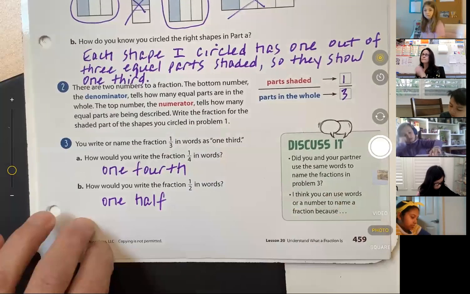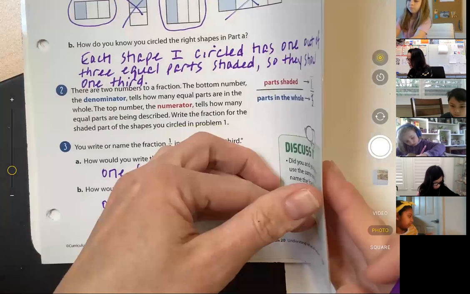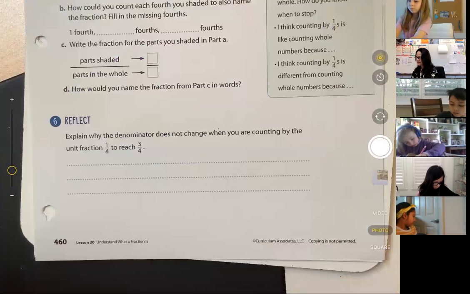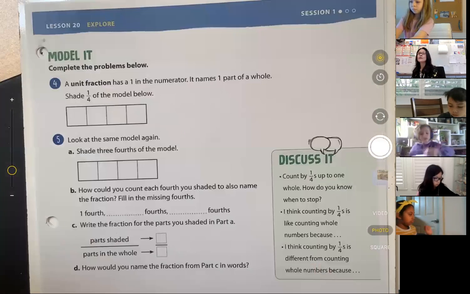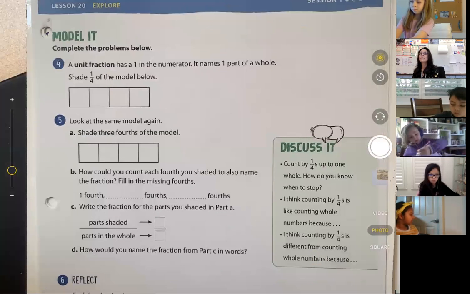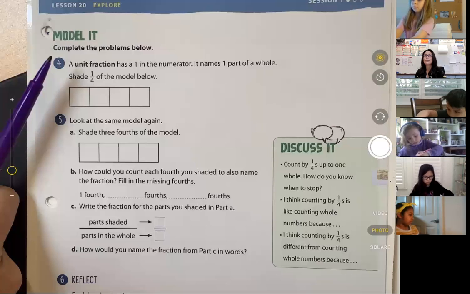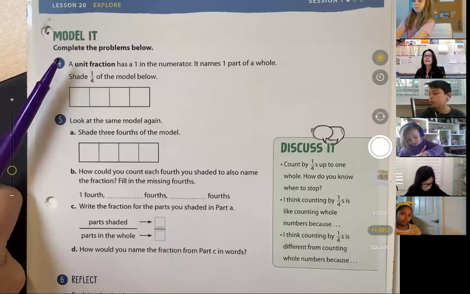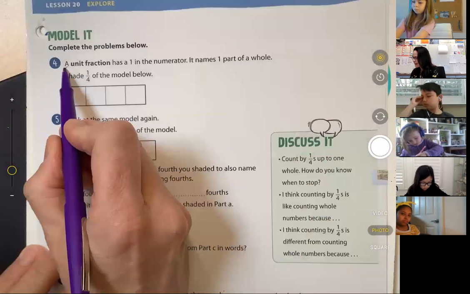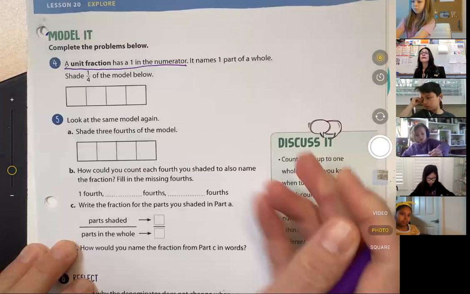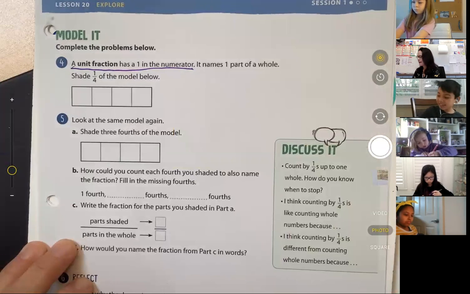All right. Let us turn to page 460. We're going to take a look at a few more models. Up at the top, it is saying a unit fraction has a 1 in the numerator. It names one part of a whole.